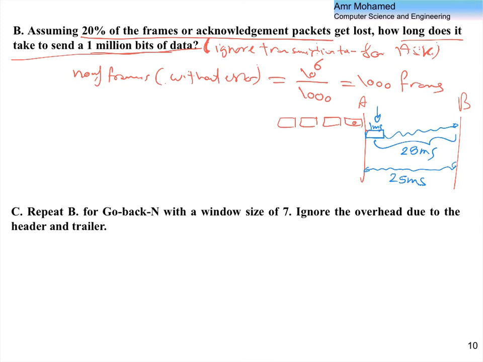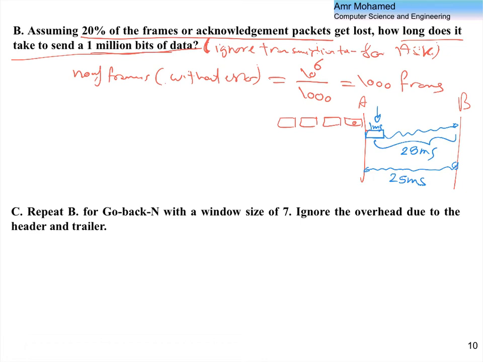The transmission time here, as I said, is ignored. Transmission time for the acknowledgement is ignored. This makes sense because the acknowledgement size is very, very small. Okay? So again, during that time, A is doing nothing but waiting.